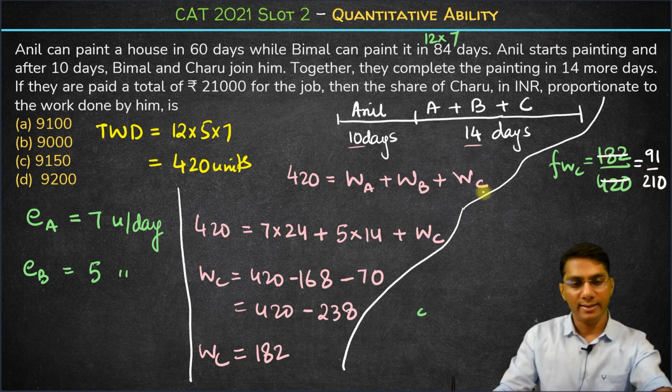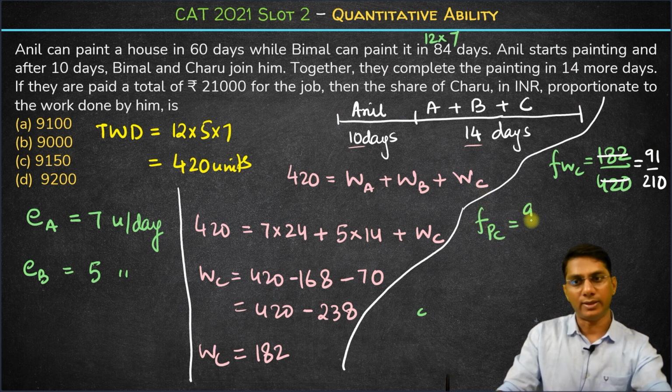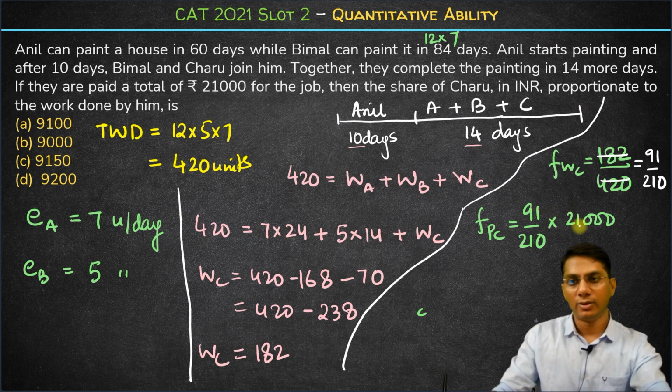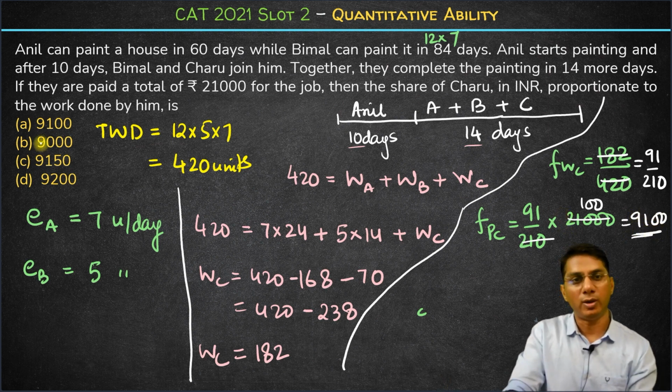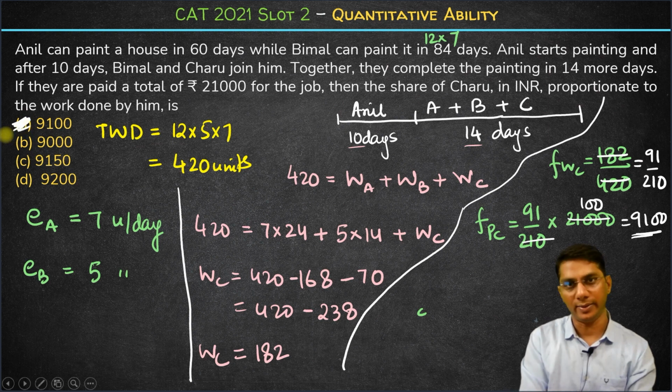Hence, the fraction of payment that Charu will receive will be 91 by 210 times 21,000. So 21,000 goes by 210, this becomes 100, 100 into 91 is 9100. So the payment received by Charu will be option A, 9100.